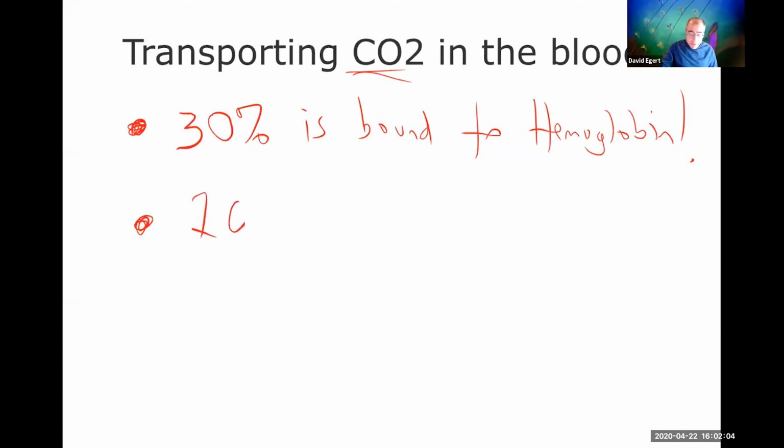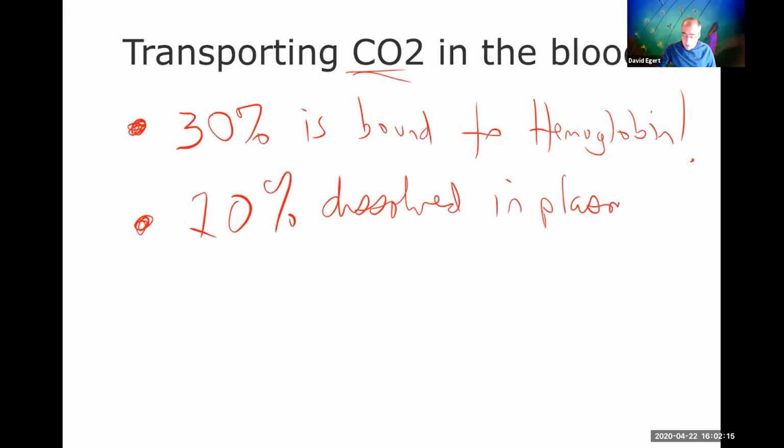Maybe 10% is dissolved in plasma. Carbon dioxide dissolves in water way easier than oxygen. So it's basically soda water, right?